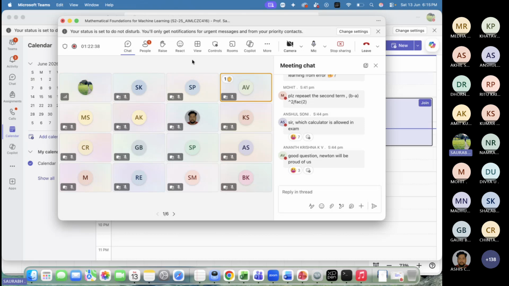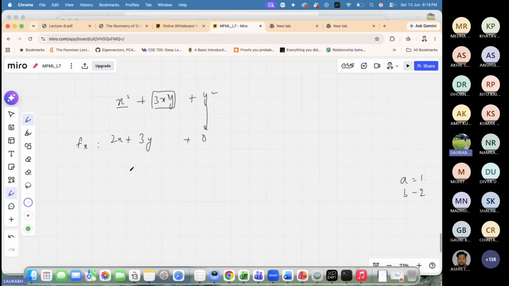So this is what fx is. fy is the derivative of this entire thing with respect to y. So x square would be 0 because it's constant, this would become 3x because y to the power 1 gives 1, and then you would have 2y. This is what you have.